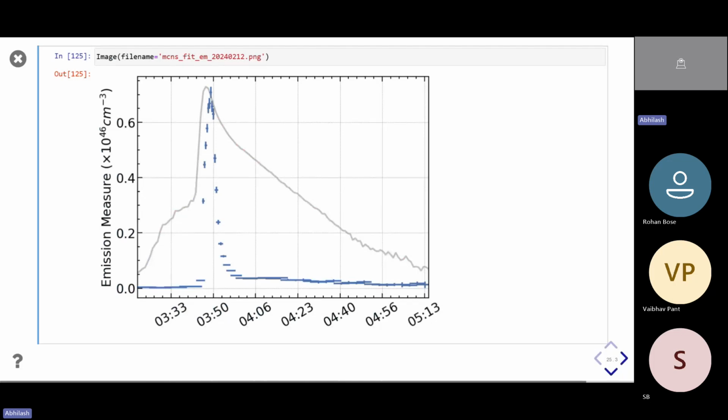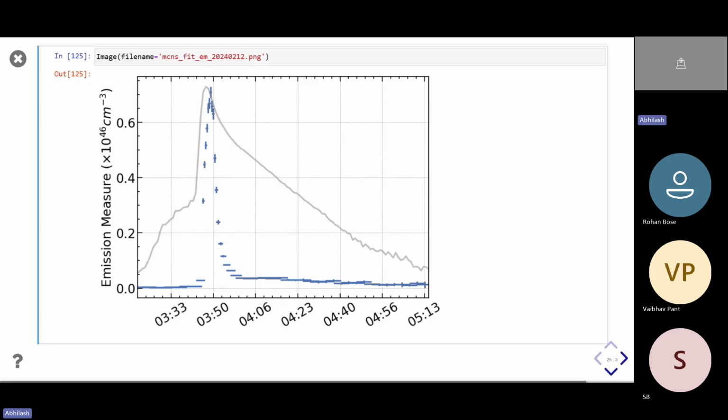As you can observe here, the peak of the emission measure is after the peak of the temperature and after the peak of the soft X-ray flux as well. This is because as the flare is initiated, all the non-thermal particles are hitting down on the chromosphere or lower atmosphere. Your temperature suddenly increases, so what peaks first is the temperature, but there is a very low volume of plasma at high temperature.